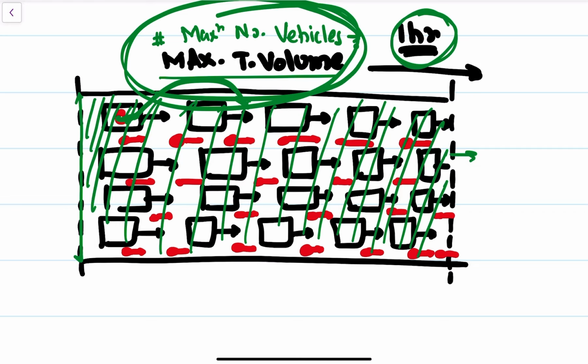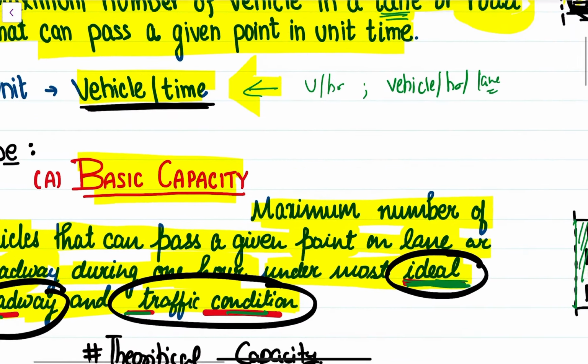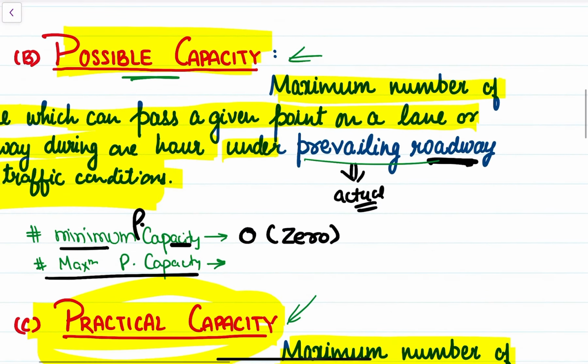The traffic volume at this ideal scenario is what we call the basic capacity. So the maximum possible capacity will be the basic capacity. All right, I hope it is clear to you.